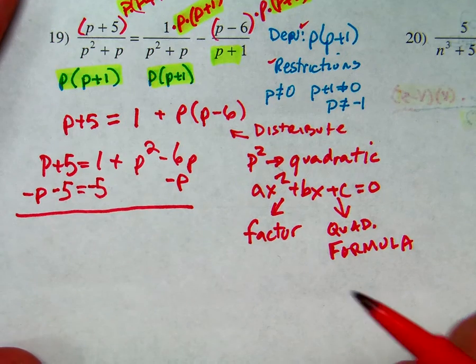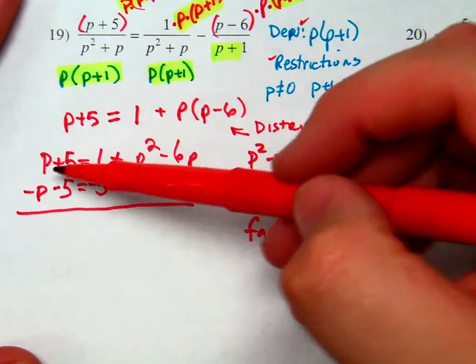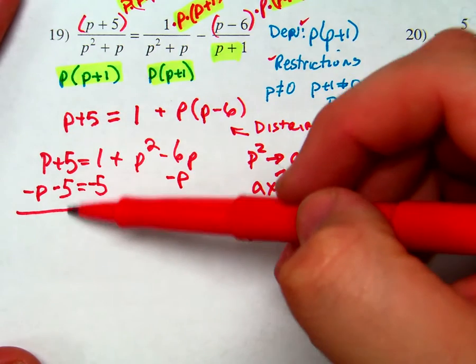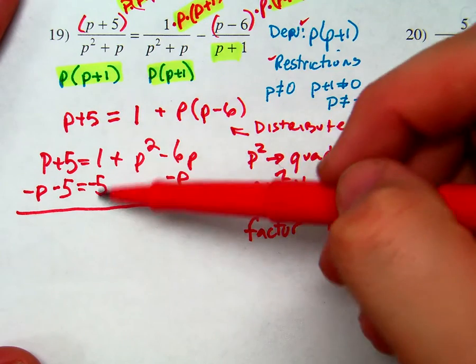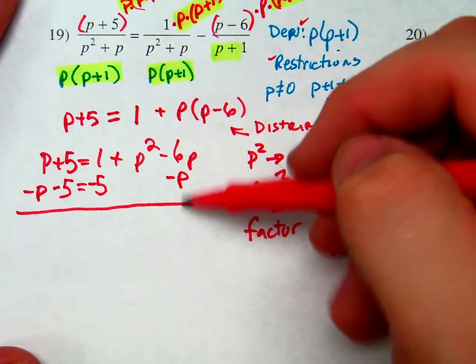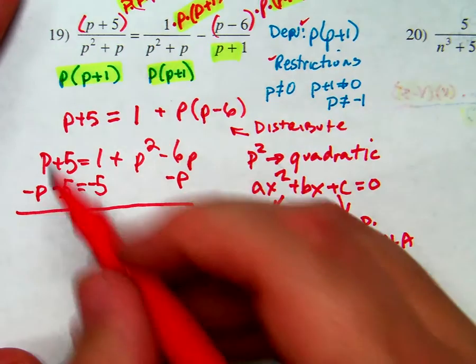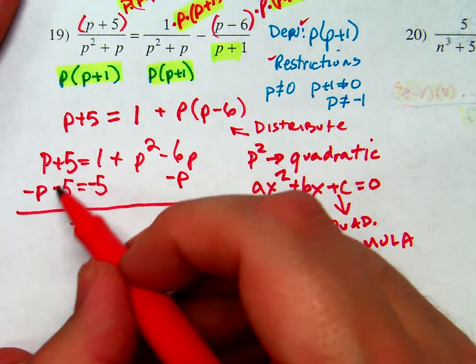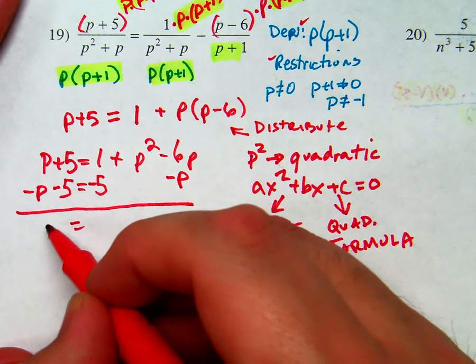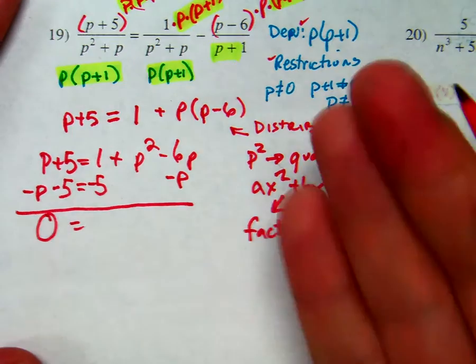So everything's lined up in like terms. I have p's there, 5's there. Like terms are numbers there, and those are just the p's, and I have a p squared. So what's going to happen on the left-hand side? 0, which is what I need in order to solve a quadratic equation.